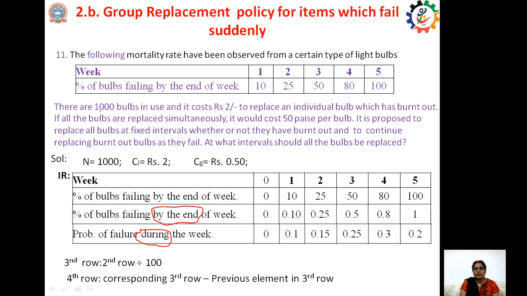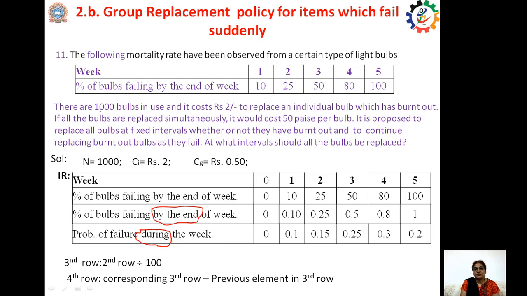If I want the fourth row element for 0.25, it is 0.25 minus 0.1. For the next, 0.5 minus the previous element 0.25, which is 0.25. For the next, 0.8 minus the previous element 0.5, which is 0.2, like that.